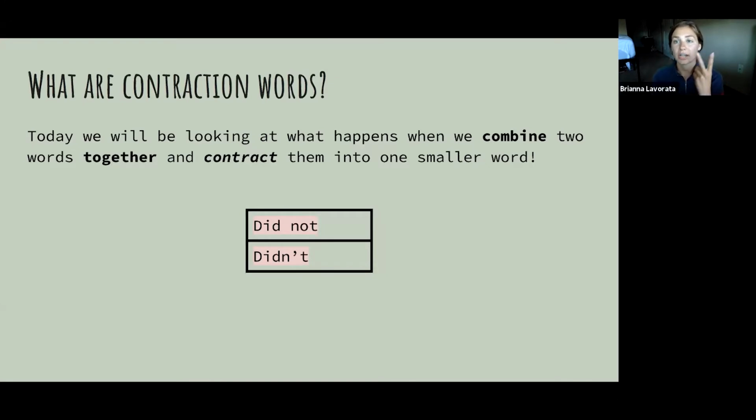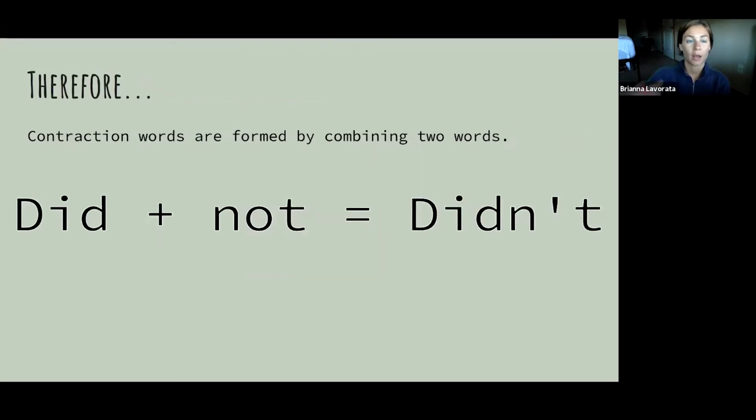We're going to contract that into one smaller word and create the word didn't, okay? We do that by separating the word with an apostrophe, which is right here. So contraction words are formed by combining two words, okay?